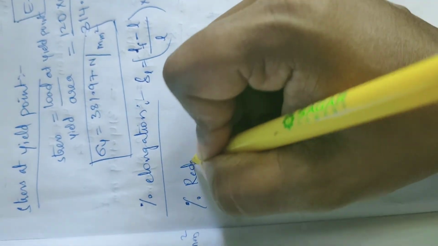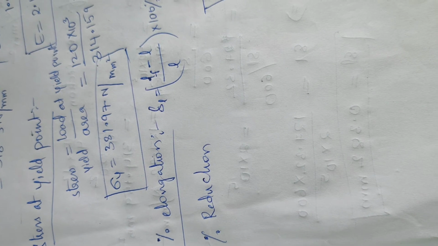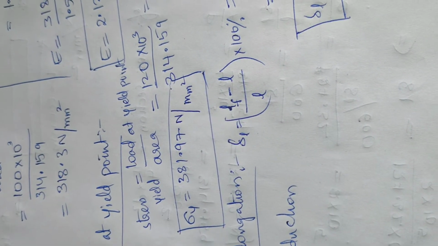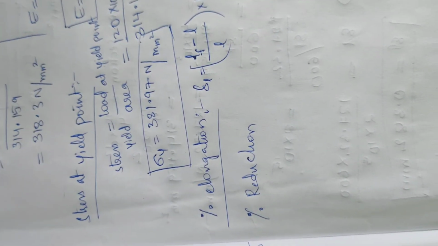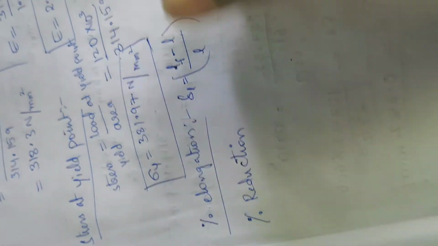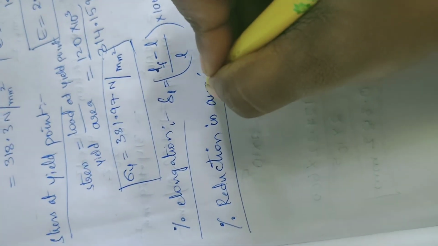Next, as you know, if the length is increasing, then its cross sectional area is decreasing. So percentage reduction in area. What is the formula for this?